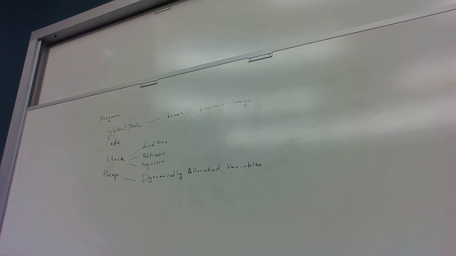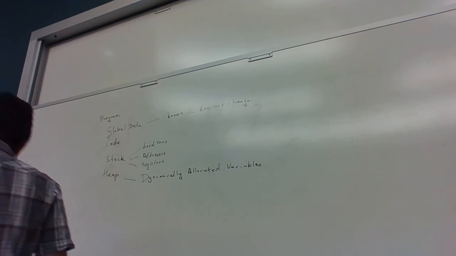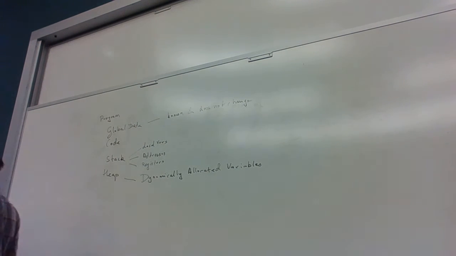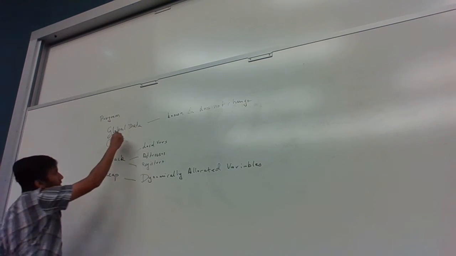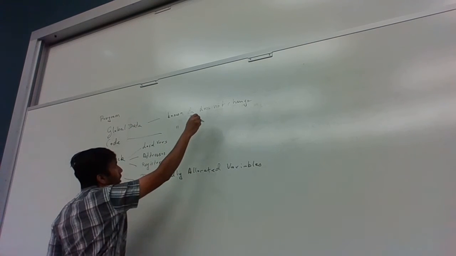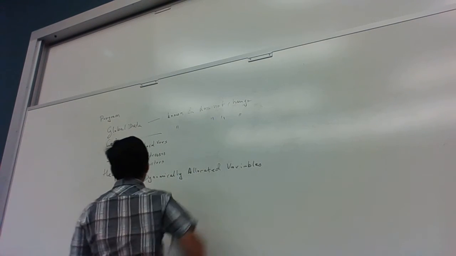In that case, the memory required for code might change. But those are rare cases. If you follow the principle that you load the entire code whenever you execute, then code memory is known and does not change.